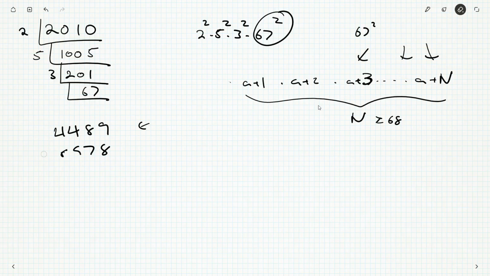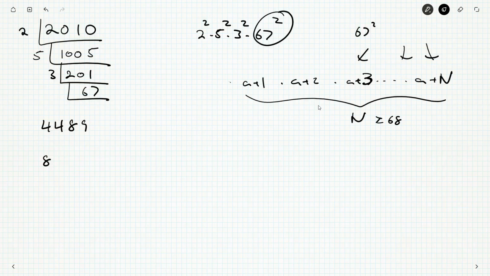That's too much. So we either use 4489, or we use 4489 times 2, 8978. So this one would just give me 67 squared. This gives me a 2 as well, and so that would knock a 2 off the list that I need to work with.